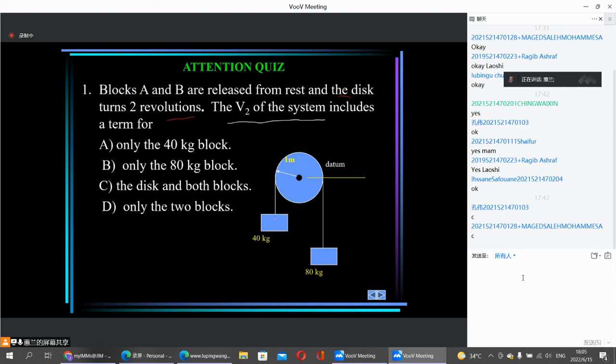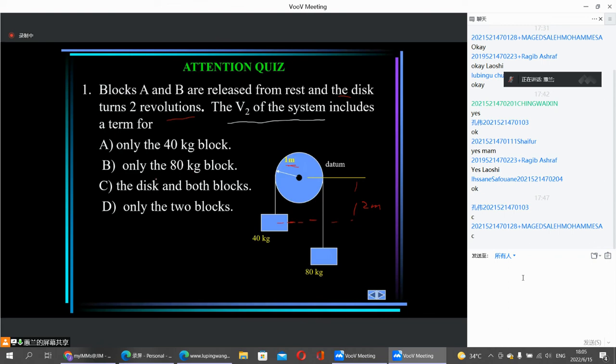So for example, this is 2 meters, this is 1 meter, and here the initial is 2 meters. Well, the potential energy of the system includes a term for which one?